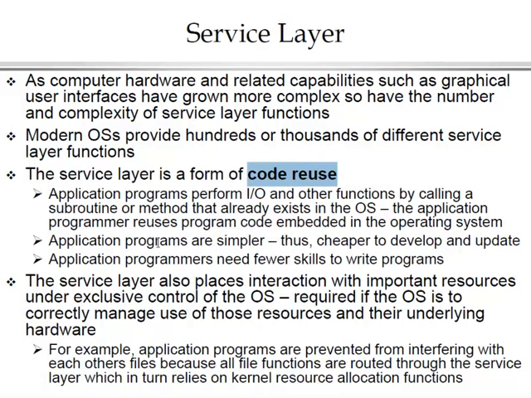Well, there are basically two obvious ones, and then a bunch of ones that follow from that. The first is application programs are simpler. If I want to write a typical Windows application, I don't need to know how to minimize a window at the level of how do I clear the screen and redraw the background once it's there, and how do I make sure that it shows up on the taskbar after I've minimized it, and how do I make sure that when the user clicks it on the taskbar, it pops back up and displays as it should.